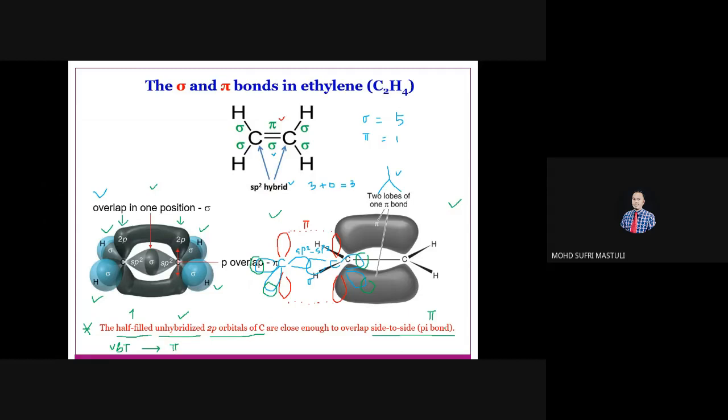Because the pi component is side by side, it should be half filled and unhybridized. So we can try one of the carbons, this one, C prime, because this C prime has sigma and pi.